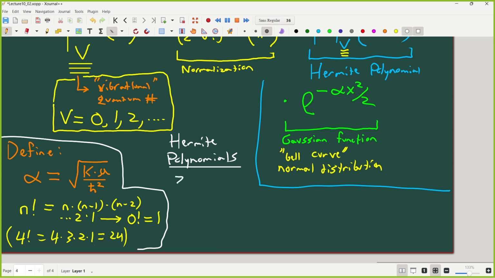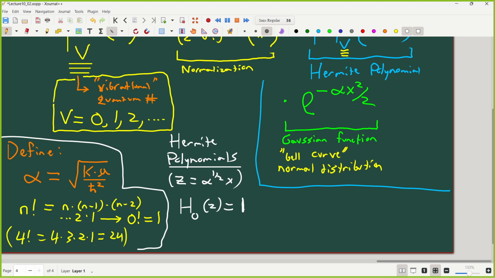I'm going to let z equal alpha^(1/2) x, just to make things easier. So our variable is z. H0 of z, the Hermite polynomial for v equals 0, is just 1. It's just the number 1.